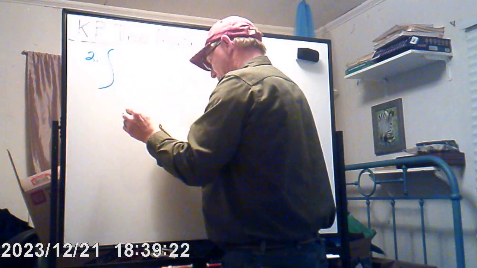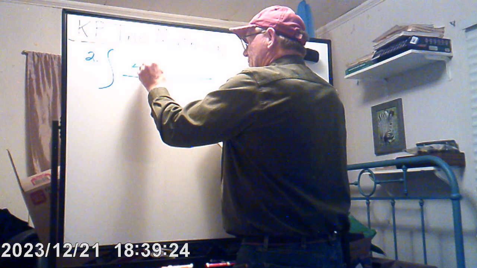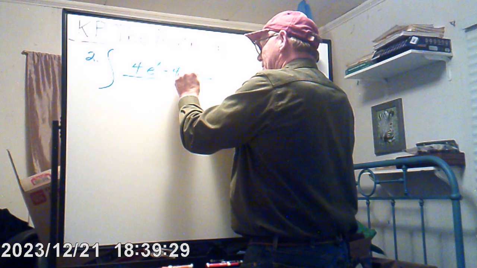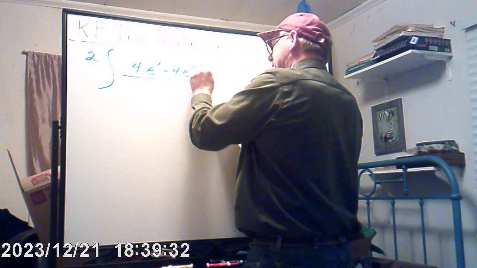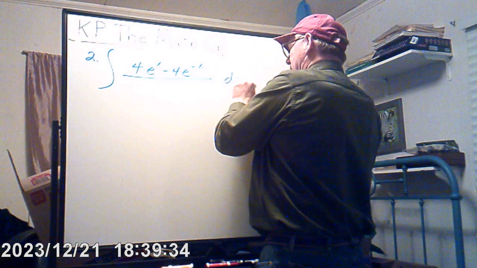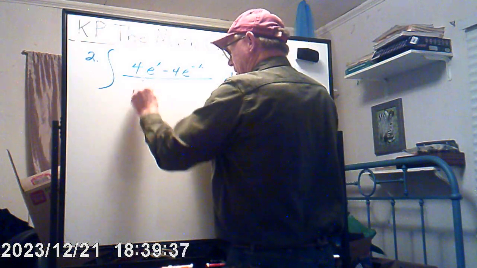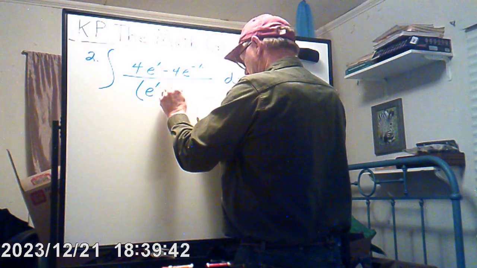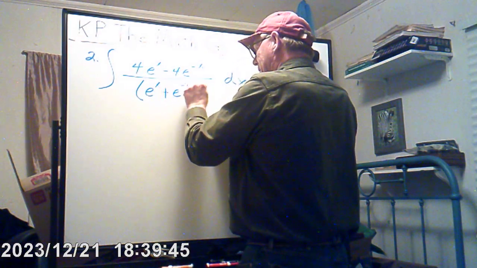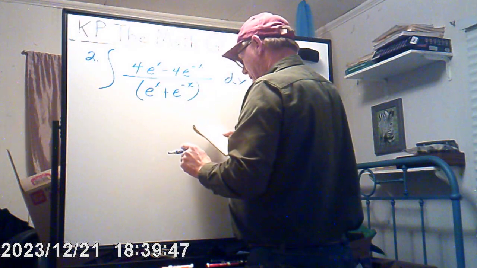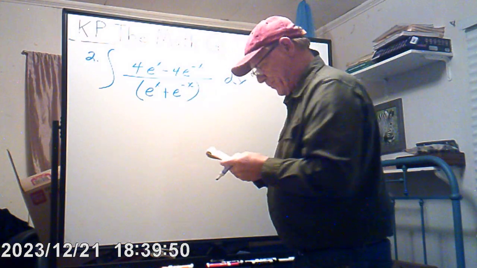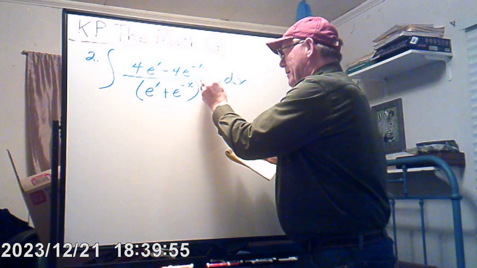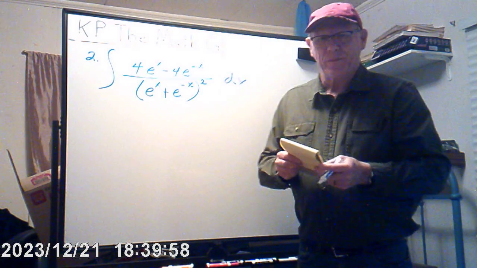This was number 1 from the start: the integral of 4e to the x minus 4e to the negative x dx, over e to the x plus e to the negative x, all squared. I know now why I put that in parentheses.